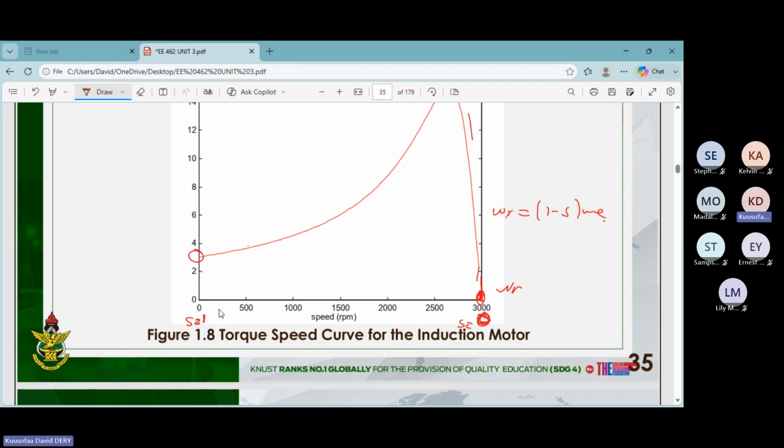So you realize that as the motor increases speed from 0 to the synchronous speed, the slip also keeps on reducing. So around this region, that is where we have the low slip. In this region, the slip is quite high, and medium is within this portion where it is almost maximum.